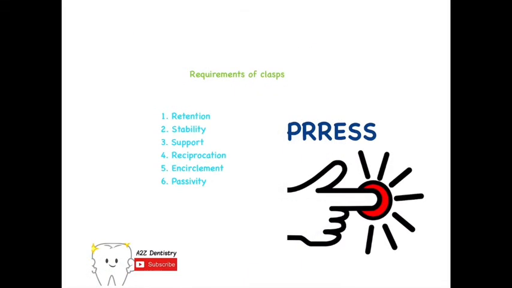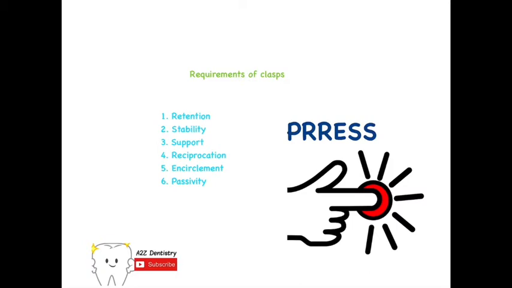So now moving towards the requirements of the clasp. We can remember this as PRESS. That's why I've put up this picture also, so that you might remember it easily. The requirements of a clasp are very important. A separate SAQ can be asked on this topic, so I'll be making a detailed video on this later, but for now we can just remember it as PRESS, in which R is repeated 2 times.